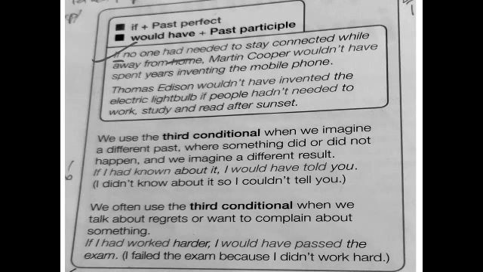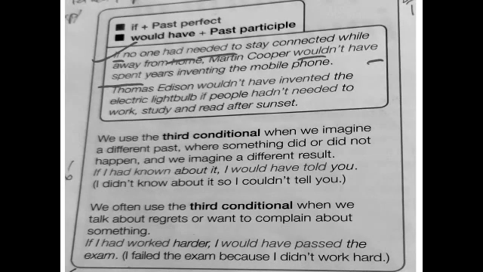Had means past perfect. And what about the form of the main verb? The third form of the main verb is there. And what is the next part of the sentence? Martin Cooper would not have spent years inventing the mobile phone. What is there? Would is there, and then have is there. Automatically it is understood the third form of the main verb will be there.